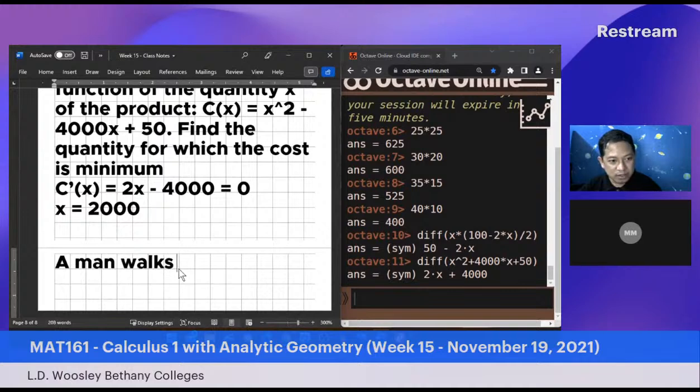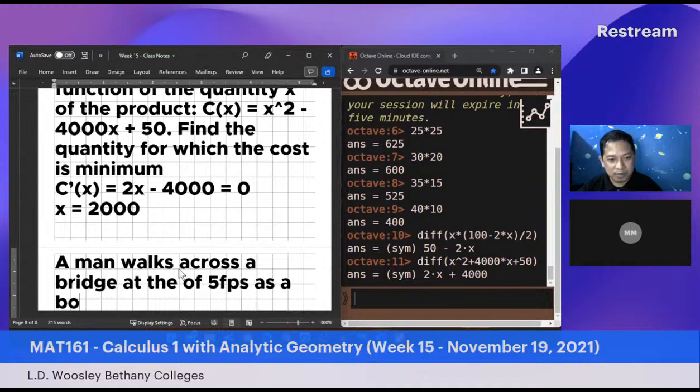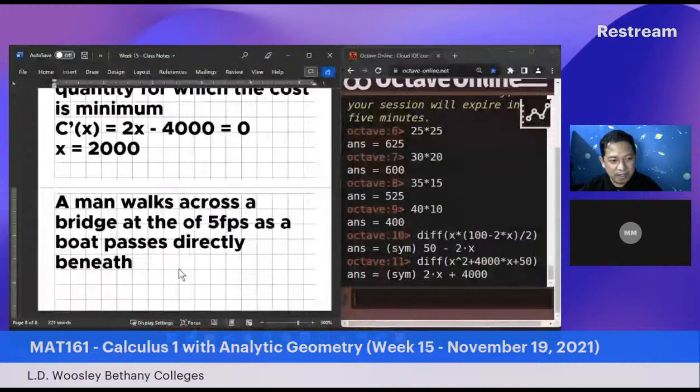A man walks across a bridge at a rate of 5 feet per second as a boat passes directly beneath him at 10 feet per second.